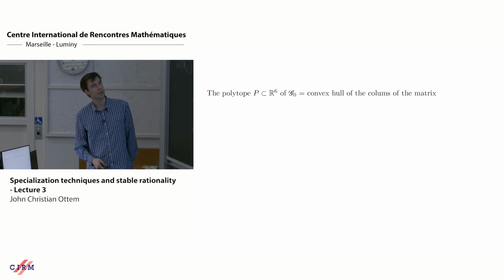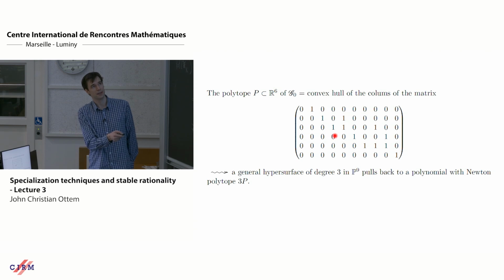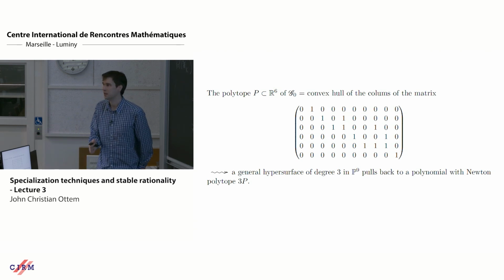And one can check that this toric variety is very singular, but this is the sort of polytope that defines this toric 6-fold. So this is a toric 6-fold, which is a specialization of the Grassmannian.